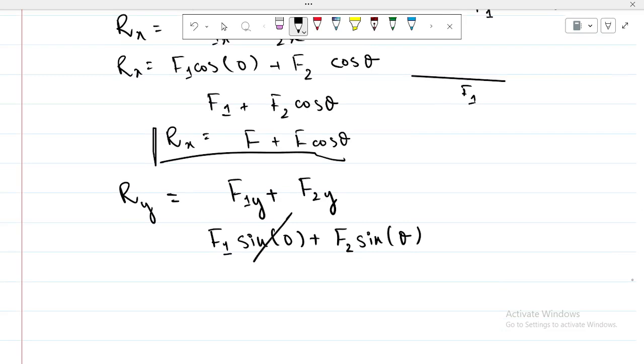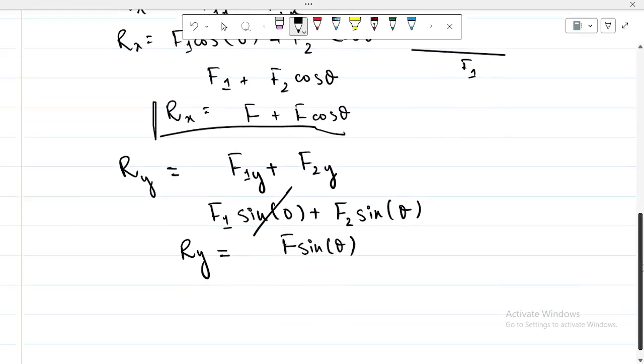This validates our point that F1 has no component along the y-axis, so it is going to be 0. So the only thing we are left with is Ry equals F2, or we can just call it F, so Ry equals F sine theta.